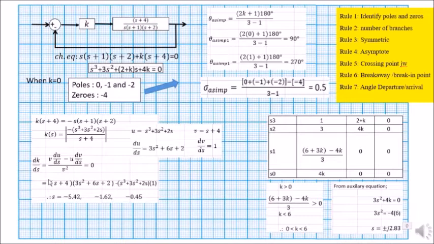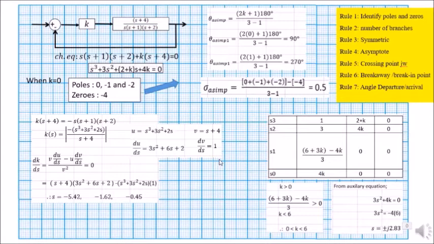After we solve this equation, we get s equal to negative 5.42, negative 1.62, and negative 0.45. So we have three values of s here. Which value is considered the breakaway point?